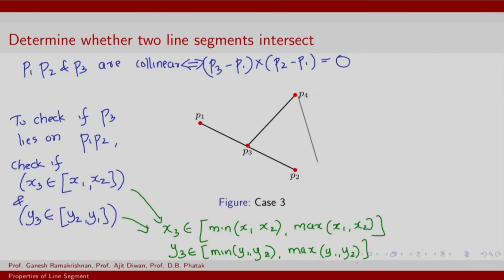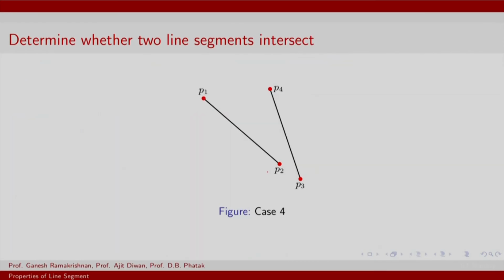So let me present a case where P3 is collinear, and here's P3. However, we find that its x coordinate as well as the y coordinate lie outside the closed interval provided by P1 and P2. This is precisely the example.